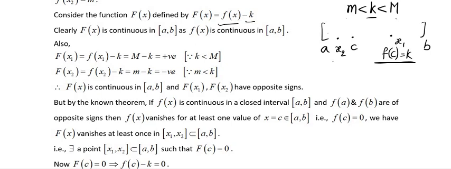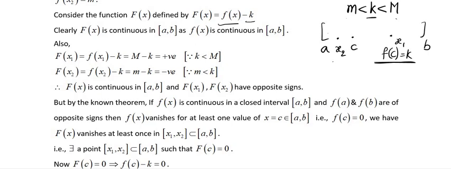K is also a constant. Constant functions are continuous functions. A continuous function minus a continuous function is again a continuous function. Therefore, capital F of x is continuous in closed interval a comma b.